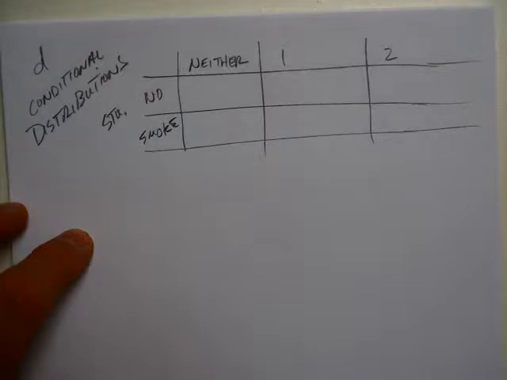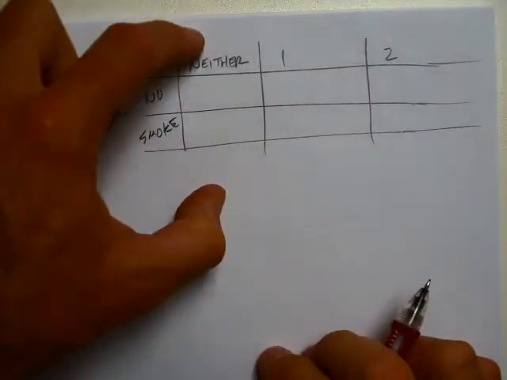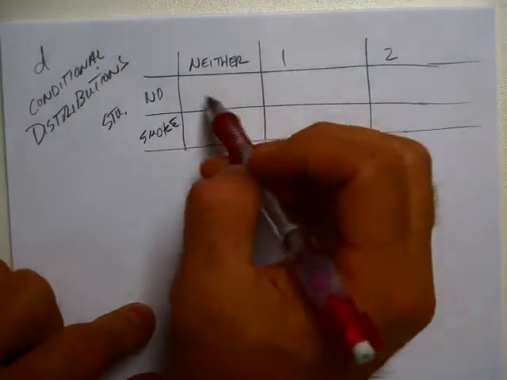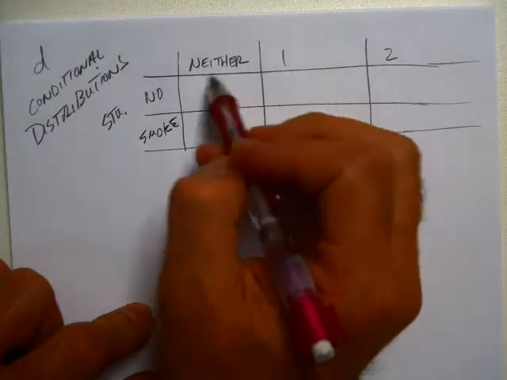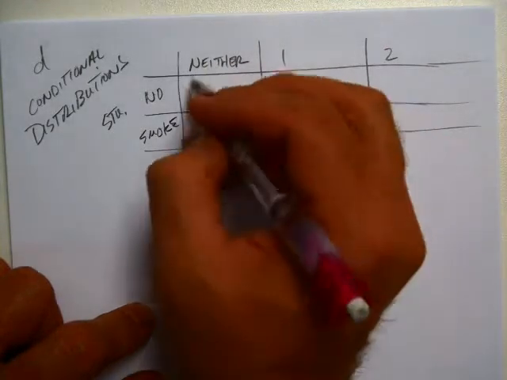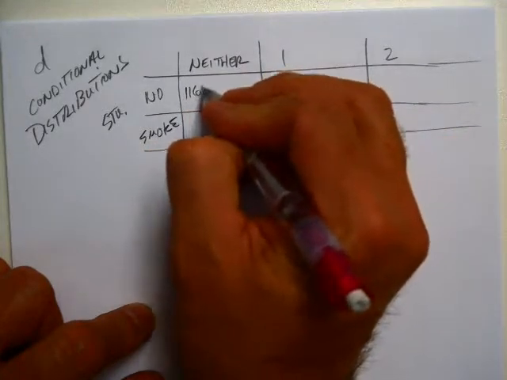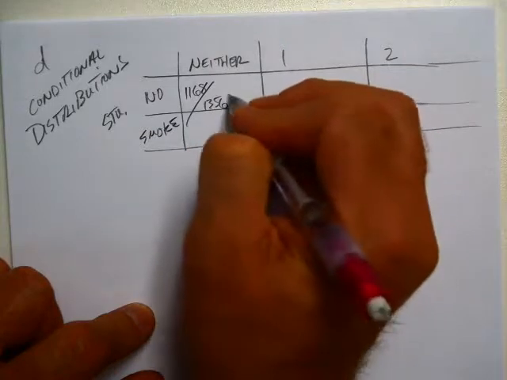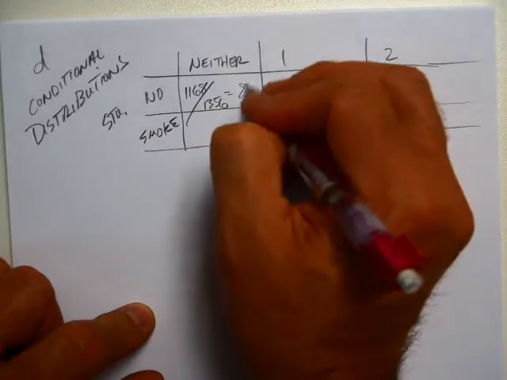And what I'm going to be looking at here is the column. So in this column, I want to calculate the percentage of non-smoking students in relation to neither parent smoking. So that's going to be 1168 divided by 1356, which is about 86%.